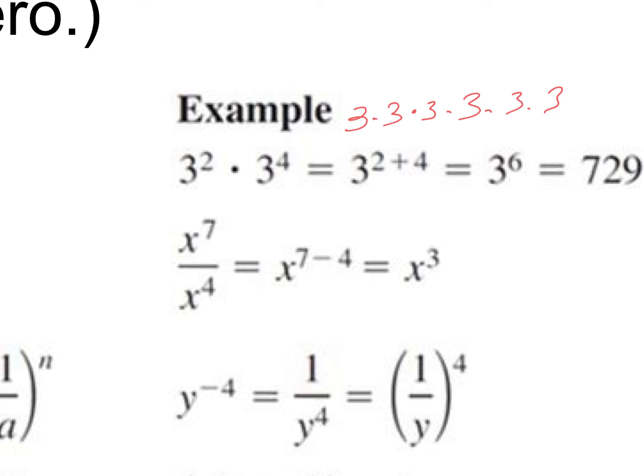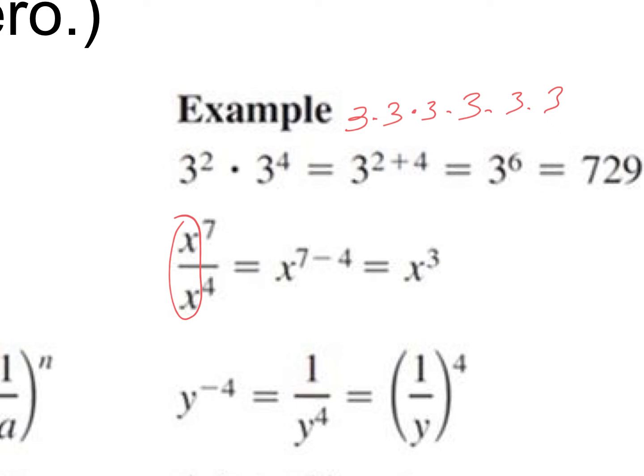When I have bases that are the same, and what are we doing here? Subtract. Right. We're going to subtract because what are we doing in this first example? It says x to the 7th, what? X to the 4th? Divided by. When you divide bases that are the same, you subtract their exponents.